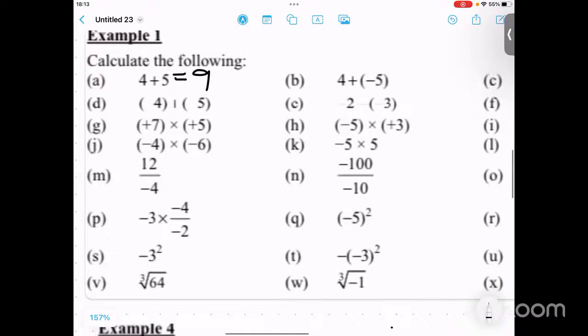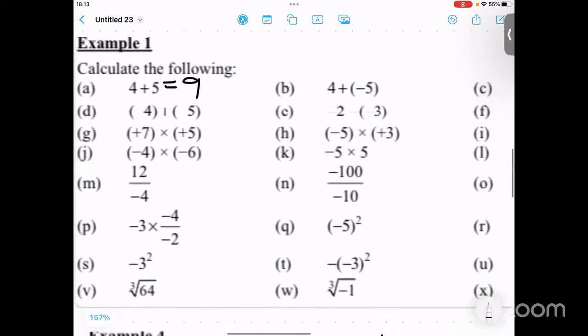We are on B. Oh, we have to remove the brackets, ma'am. How are we removing the brackets? What are we doing? I'm not sure, ma'am.